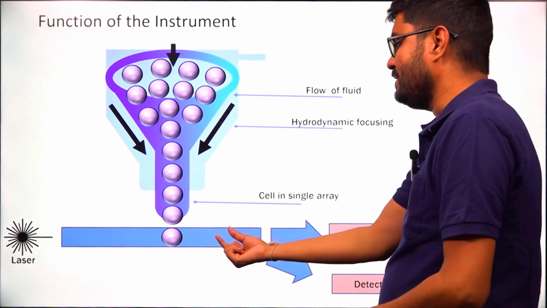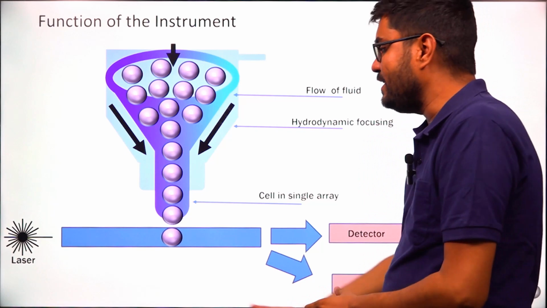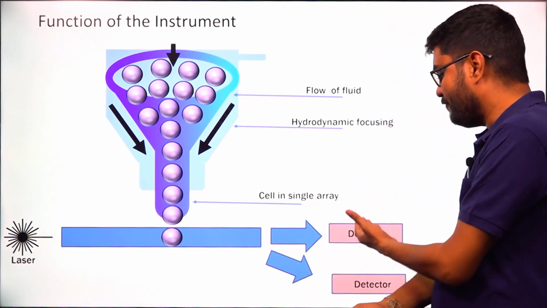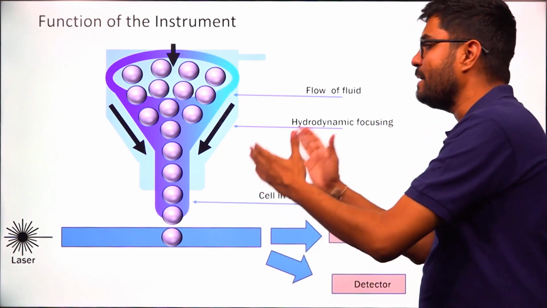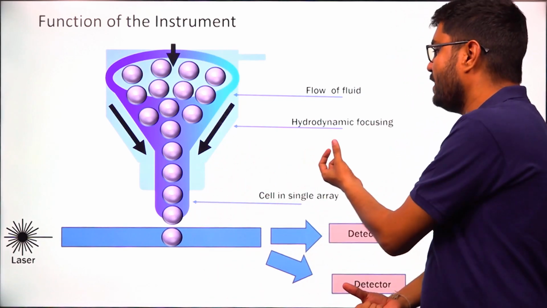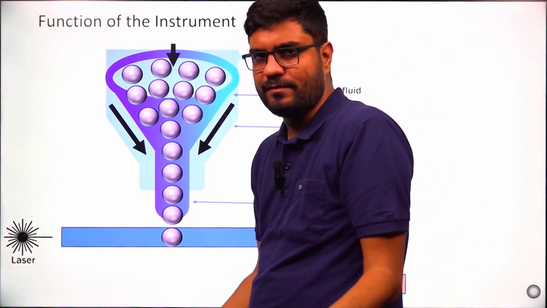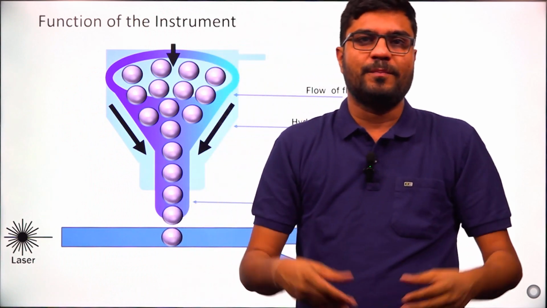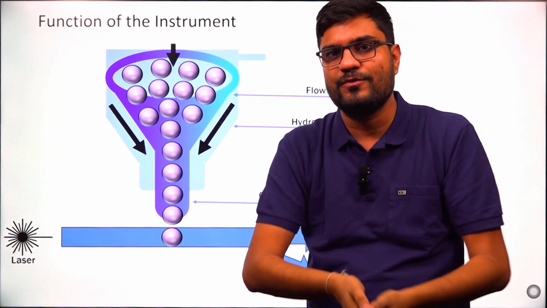And that one cell is interacting with the laser, the light source. And these interactions are measured by different kinds of detectors. The principle is very simple. And this application of pressure and generating this stream is called hydrodynamic focusing. You take some cells, you apply hydrodynamic focusing, you apply the flow of liquid, a pressure, to create a single array of cells.